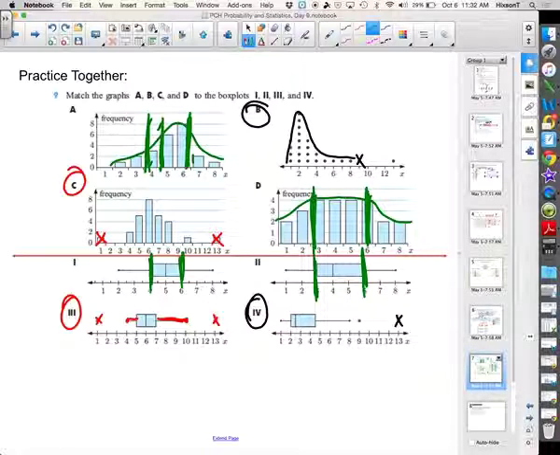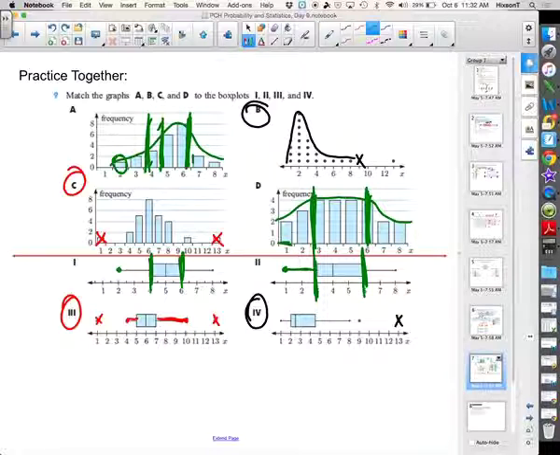Also on A, the minimum value is 2, and on the second option, the minimum is 1. Okay, there's what makes the deal right there. You look at your minimum value, it's a good observation. It only goes down to 2 for A. Here, this one goes all the way down to 1. All right?